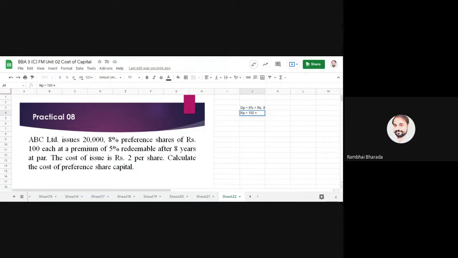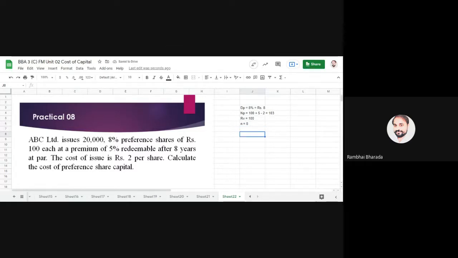So 100 plus premium 5 minus issue expenses 2, your answer will be 103. Are we clear? RV, redeemable value: redeemable after 8 years at par. At par means no premium, no discount, only face value. And lastly we require N, number of years, 8.